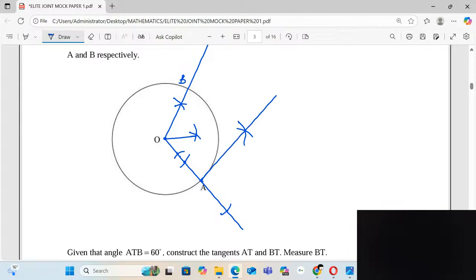Then do the same at point B. Being at point B, make an arc this side and another one this side using the same radius. Now being on those arcs, make another one, and then you join B using the arcs.